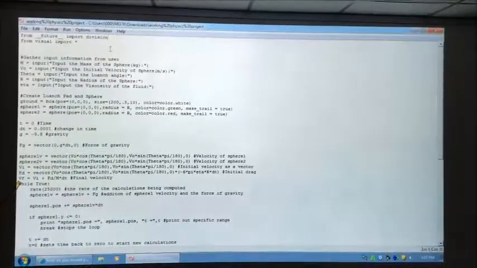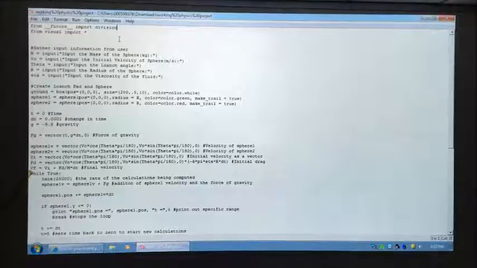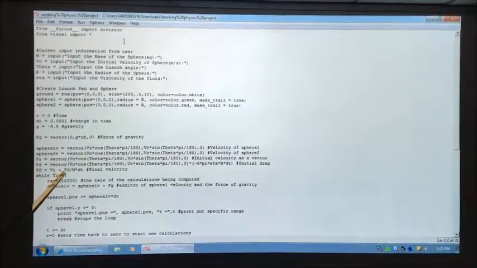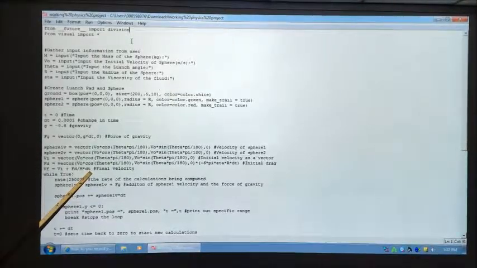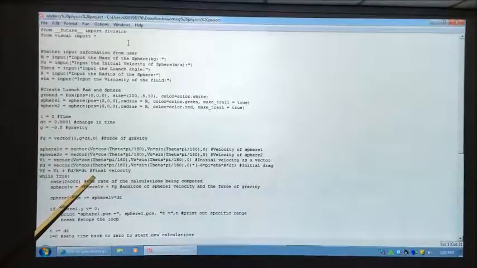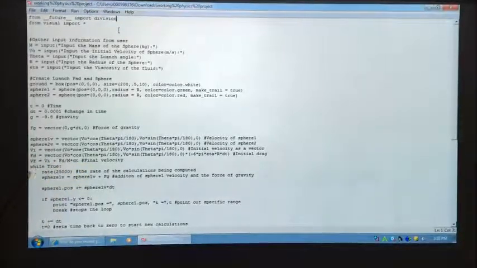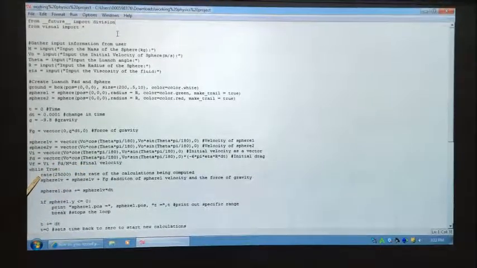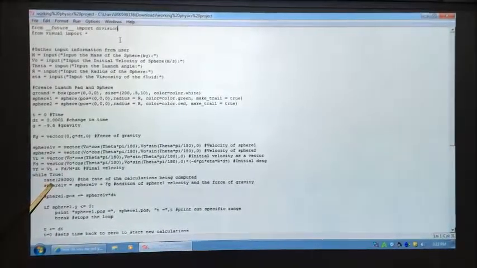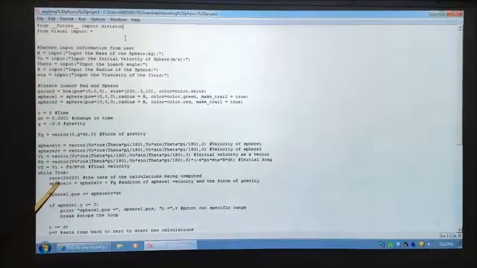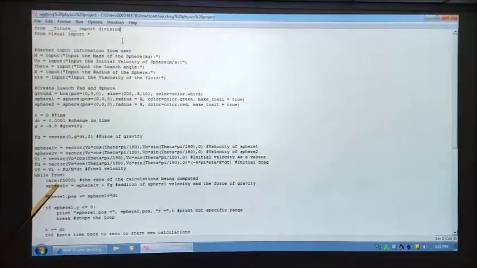For final velocity, it equals the initial velocity plus the drag force over mass times dt, which equals the final velocity. So the rate is basically just the rate of the calculations being computed whenever the program is run by the user.